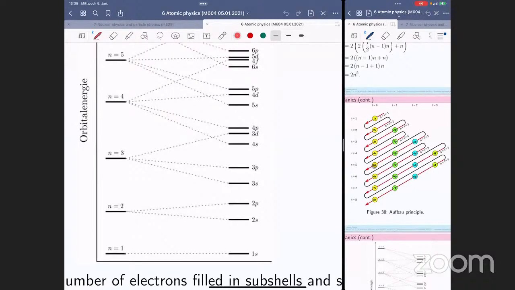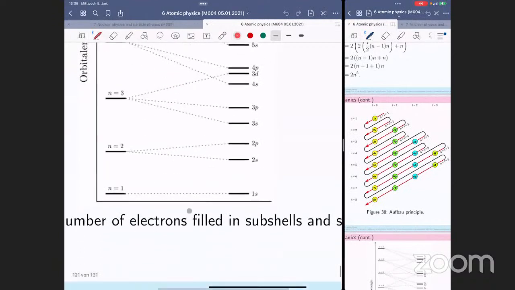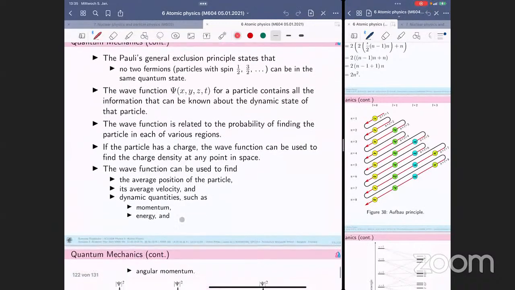After 4p, we reach 5s, and here is 5s. 5s and then 4d, and so on. According to the Aufbau principle, that's the energy level measured from the center of the atom.